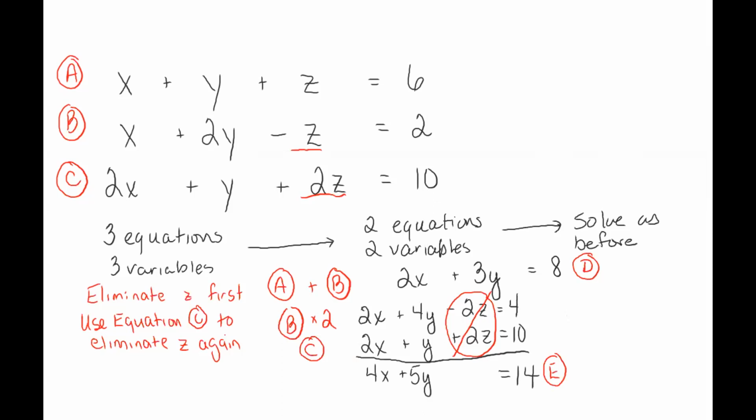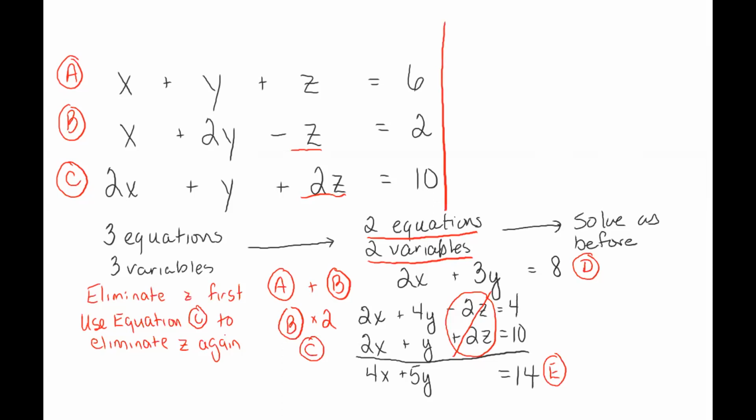So now I have two new equations that each have two variables, and they're the same two variables. They both have x and y in them. We eliminated the z's completely from those two equations, and we know how to solve this because we just did it.